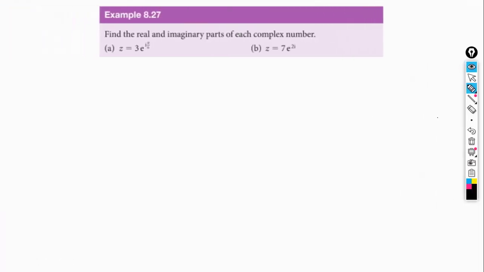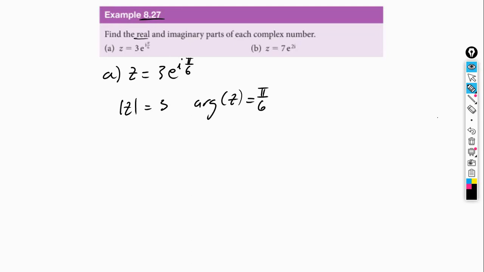So now we have example 8.27, and it says find the real and imaginary parts of each complex number. So letter A says z is equal to 3 times Euler's number to the power of i times pi over 6. So notice that the modulus of z is 3, and the argument of z is going to equal pi sixths.